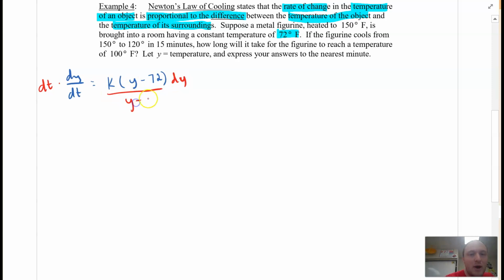I'll divide by y minus 72 on this side, and what we get is 1 over y minus 72 dy is equal to k dt, and we're going to integrate to give us an equation.